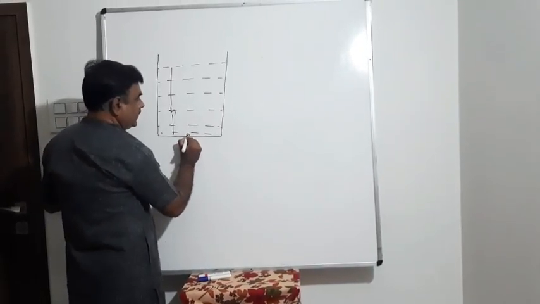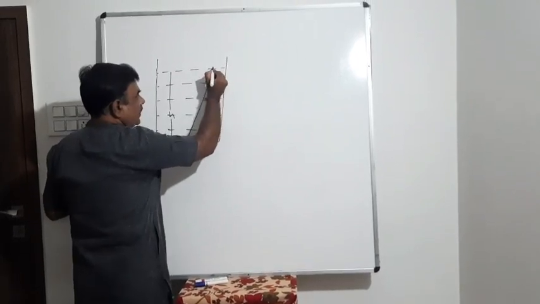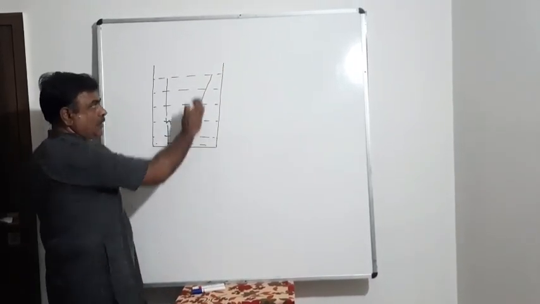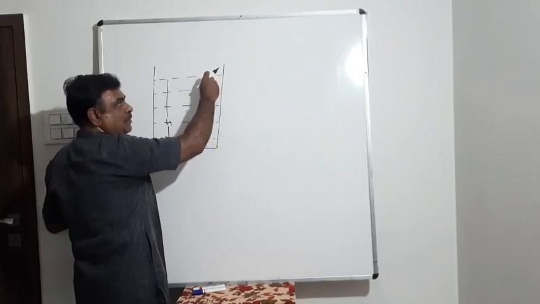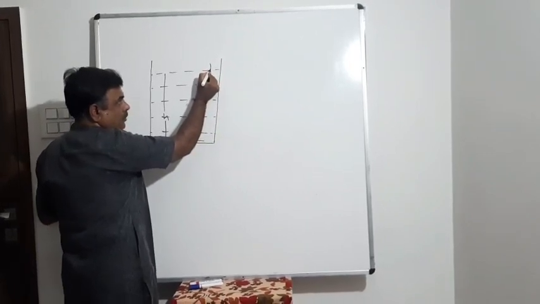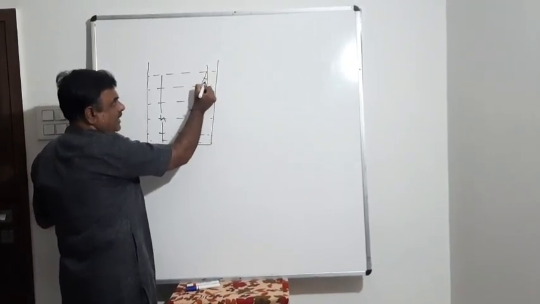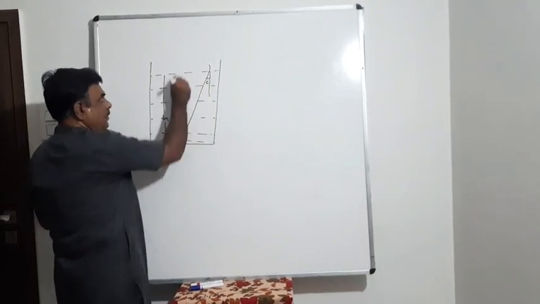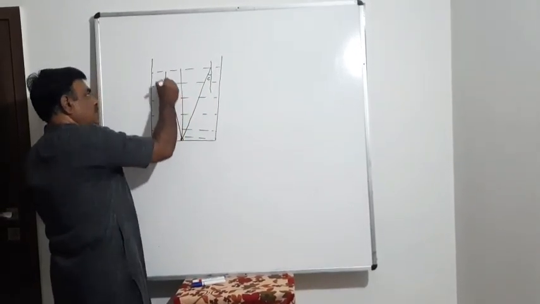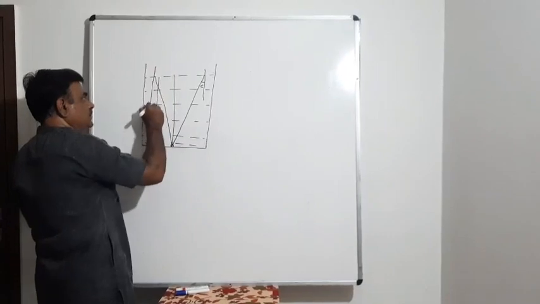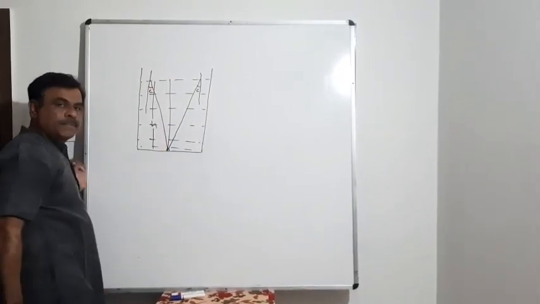So on this side, maximum up to here light is able to go. After that, light won't be able to pass from one medium to the other. So this is the maximum possible angle. We can take it as the critical angle. Here also on this side, this will be the critical angle C.